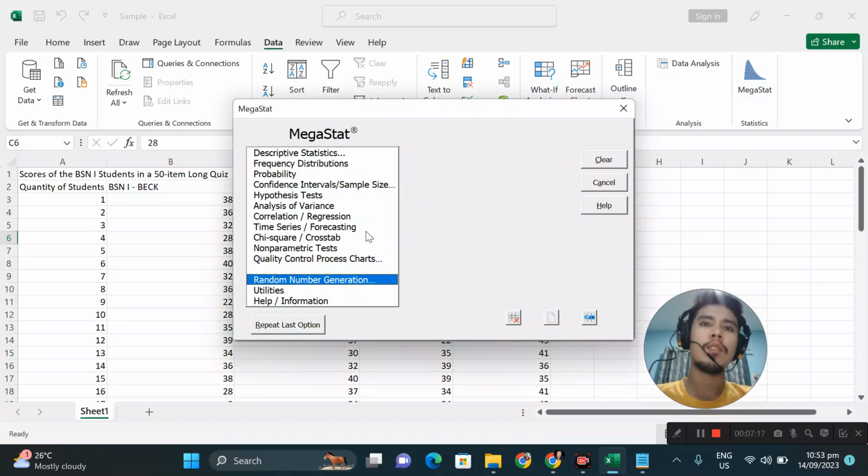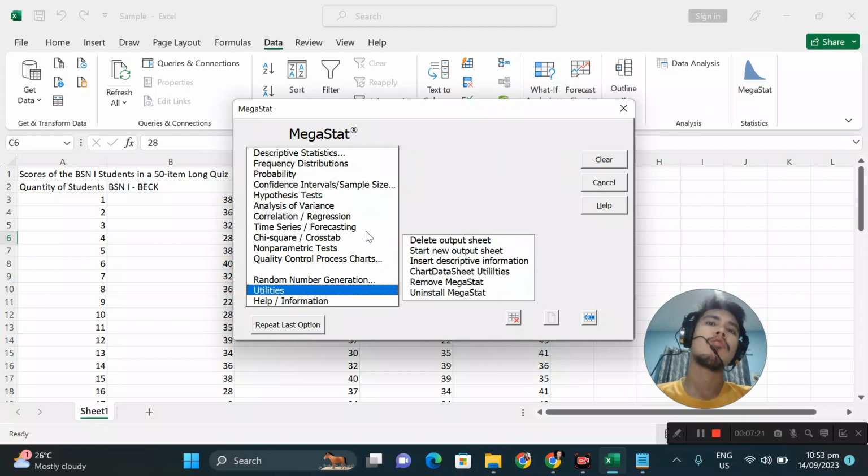And the random number generation, and of course, the utilities wherein we can delete our output sheet, or start a new output sheet, or even insert descriptive information and generate a data sheet, or even remove or uninstall the MegaStat software from its main source.